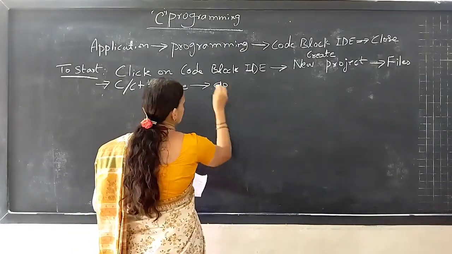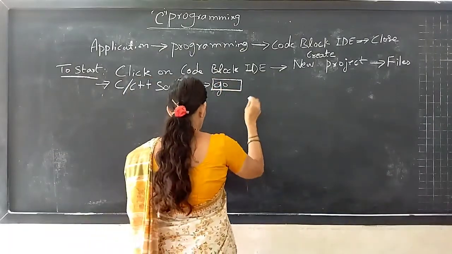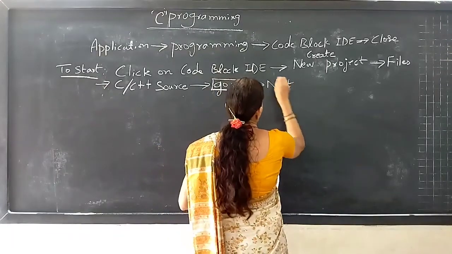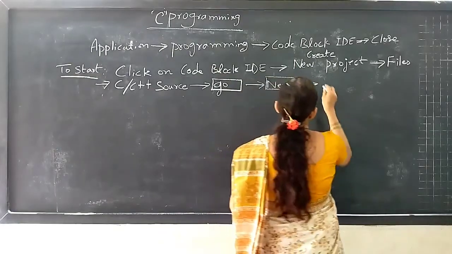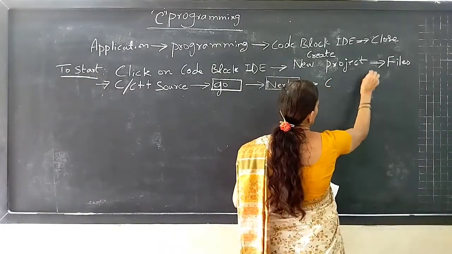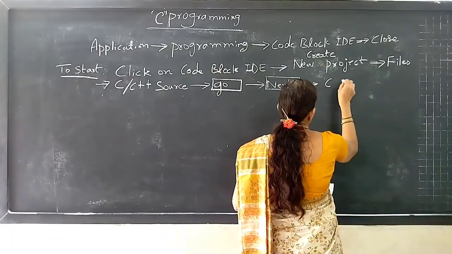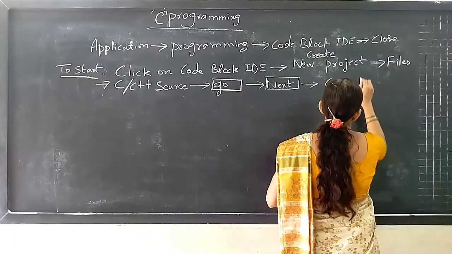Then again click on next. Again select C. You will get two options there, C and C++. You have to select C, then again click on next.